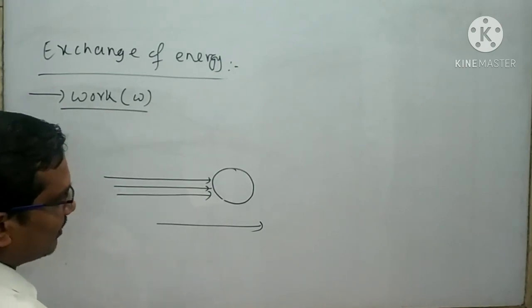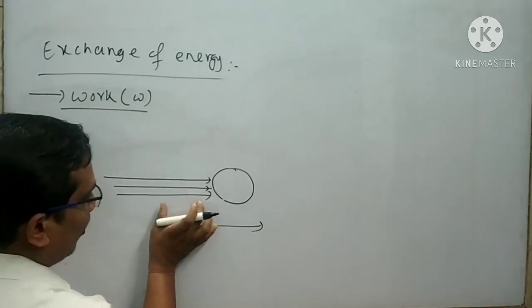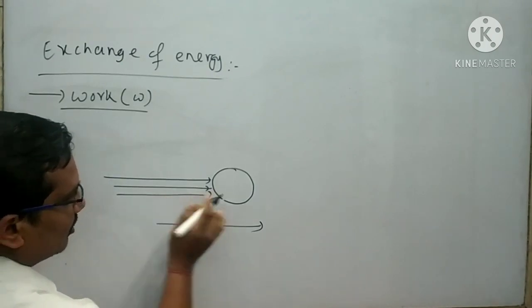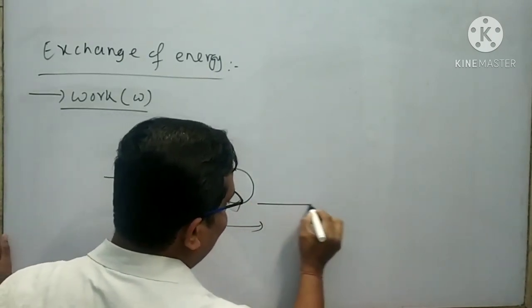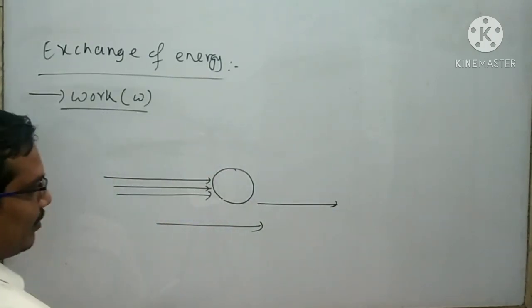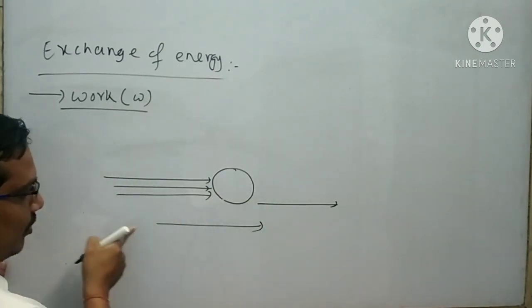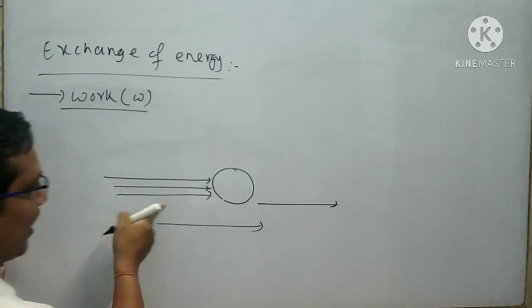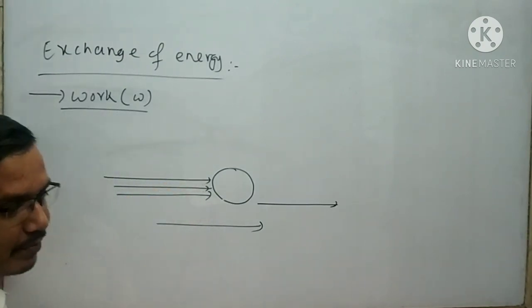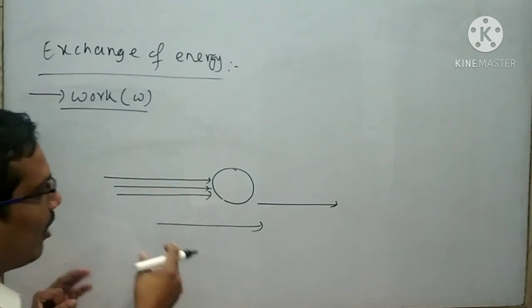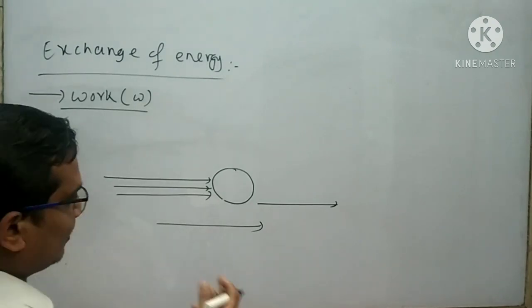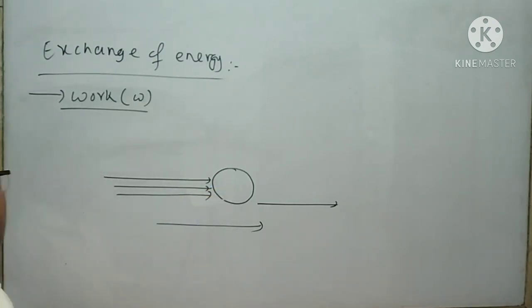Then what will happen? With the help of this force, the body can be displaced like this. That means the direction of displacement of the body is equal to the direction of applied force on the body. So now I can say that the body is doing some work.